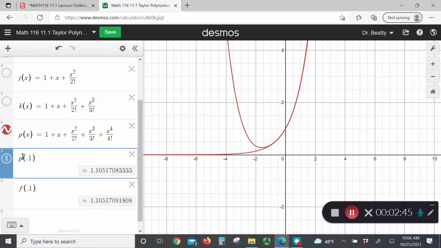If I were using this in science and I was trying to formulate a vaccine, that would probably be close enough that I'm not going to kill anybody, right? If I'm making a part for a car, that would be close enough that the part's not going to degrade over time. It's going to serve its purpose. So 1.10517.